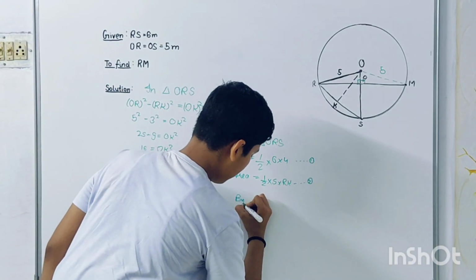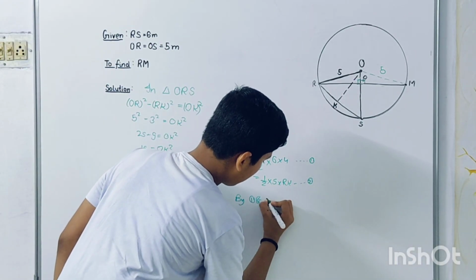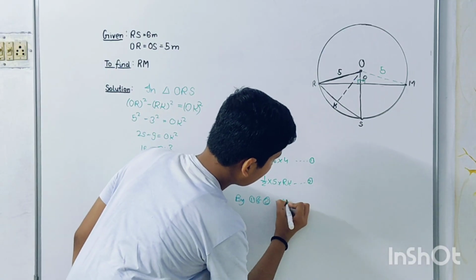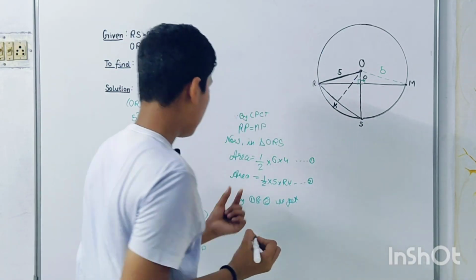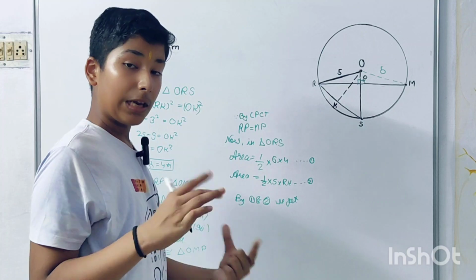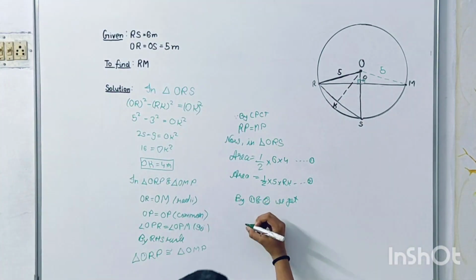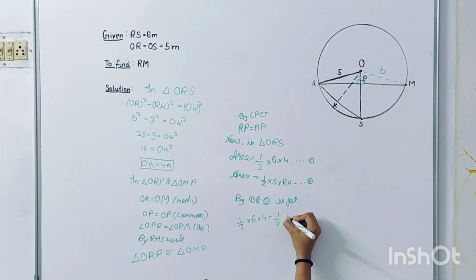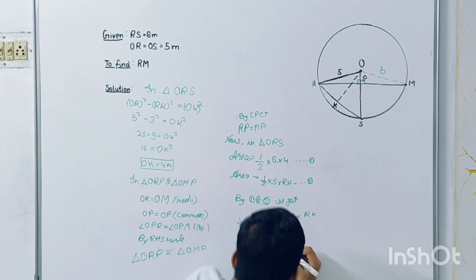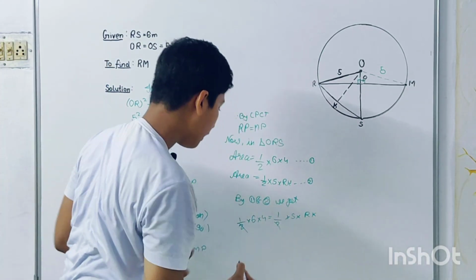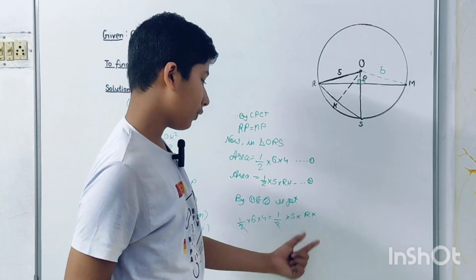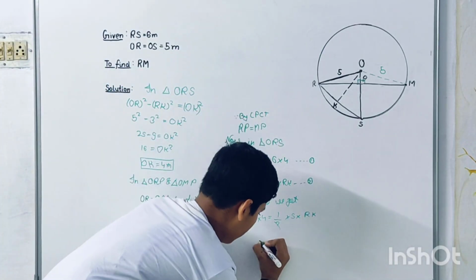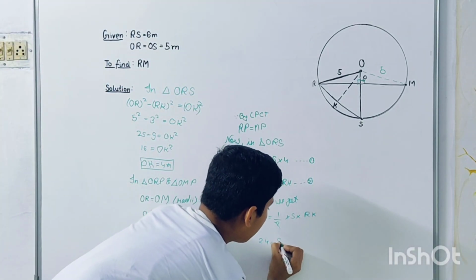By 1 and 2 we get, since these both are area, we can equate both of these. Half into 6 into 4 equals half into 5 into RK. So half cancels, 6 4s are 24 equals 5 into RK. 24 equals 5 RK.